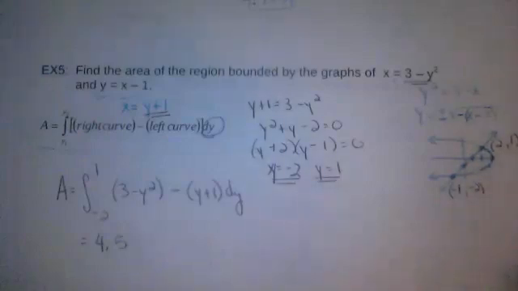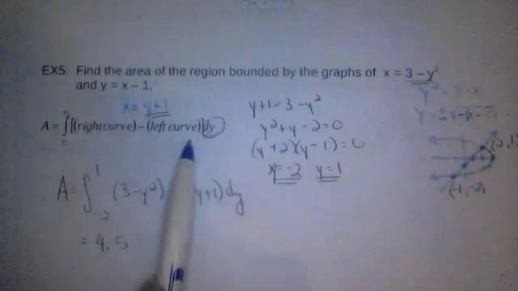But it simplifies if we do just right minus left using the y values and using the x equals functions. So your choice, but just know that you can do right minus left just like we can do top minus bottom.